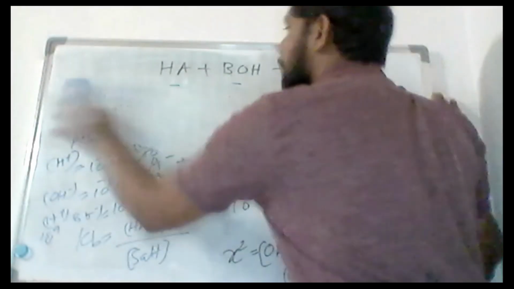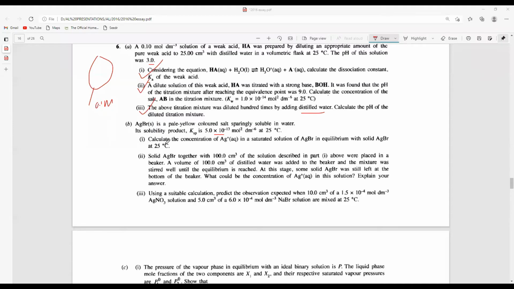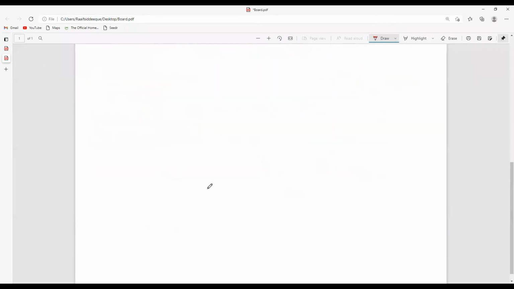So I will just erase the board and I will do it in my. I will share the screen again. So you know there is AgBr, so AgBr should be in equilibrium like this.